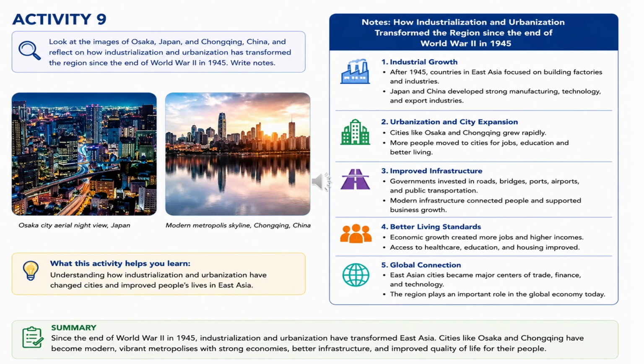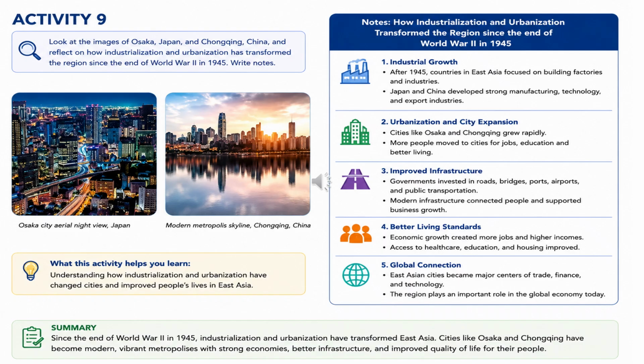More people had access to better education, healthcare, housing and employment opportunities. Finally, East Asia became more connected to the rest of the world. Today, cities like Osaka, Tokyo, Beijing, Shanghai, Chongqing, etc. are major centers of trade, technology, finance, innovation, etc. They play an important role in the global economy today.